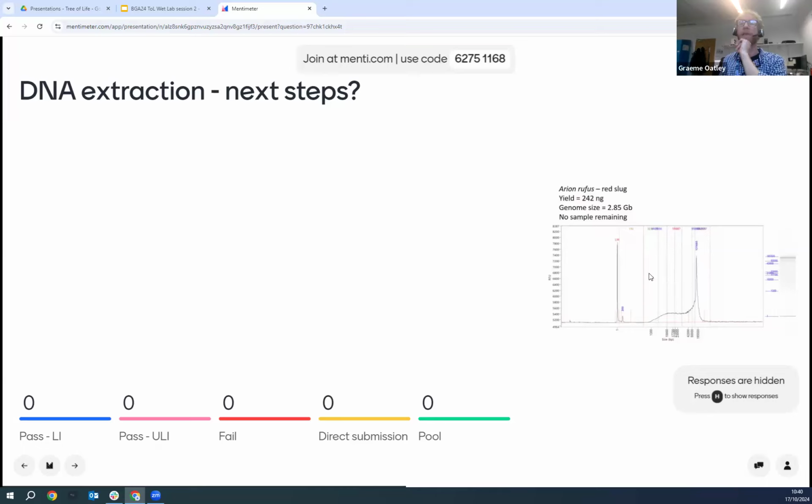Okay, so we have a slug here. So we have sort of a yield of 240 nanograms, genome size of 2.8 gigs, no sample remaining. Our average fragment size is sitting at roughly 60 kb.